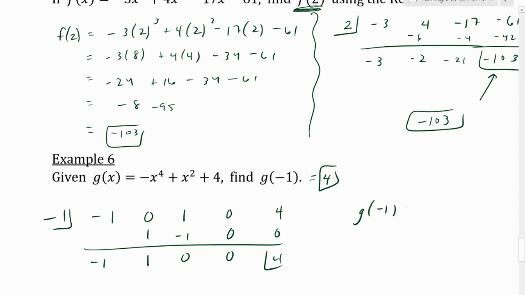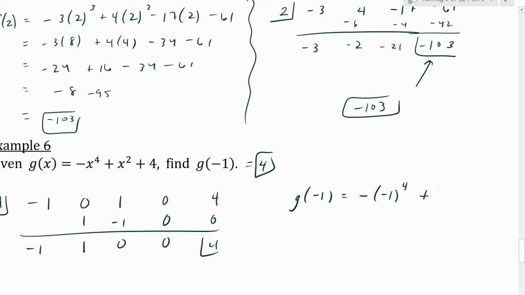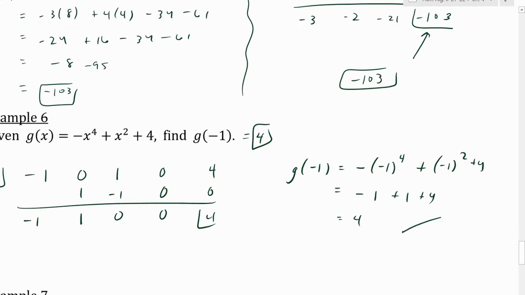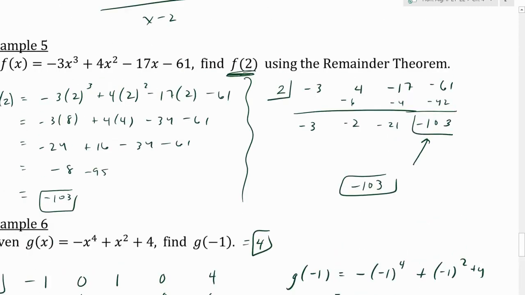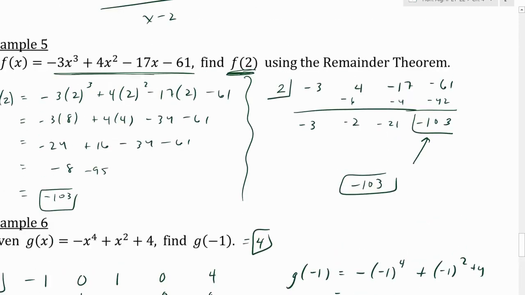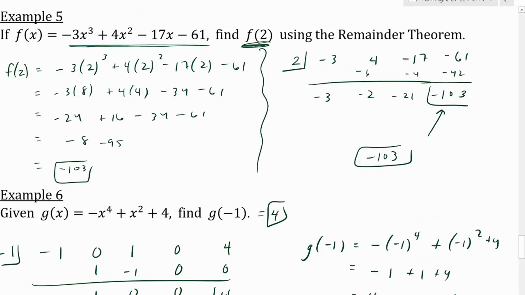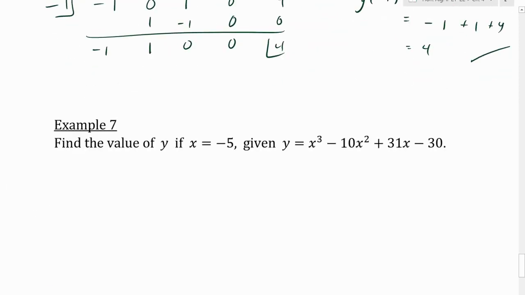Plug a -1 into here. So there's -1 plus 1 plus 4. Oh, I got 4 that way too. And see, this one, I think that's probably just as easy. But when there's a bunch of terms and there's a bunch of things you got to take to powers other than like a -1, then a lot of times synthetic division is easier.